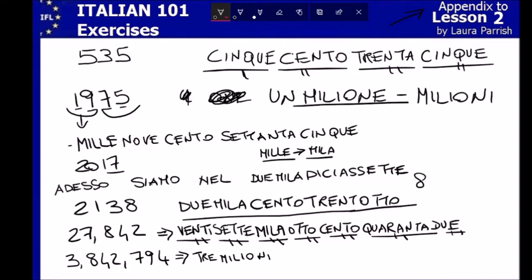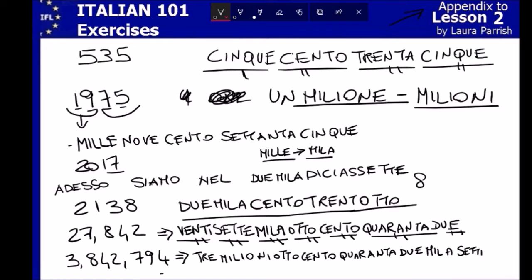So, milione, million. Milioni, millions. So, 3 million is 3 milioni. Then 8, 100, 40, 2. Then thousand, mila.